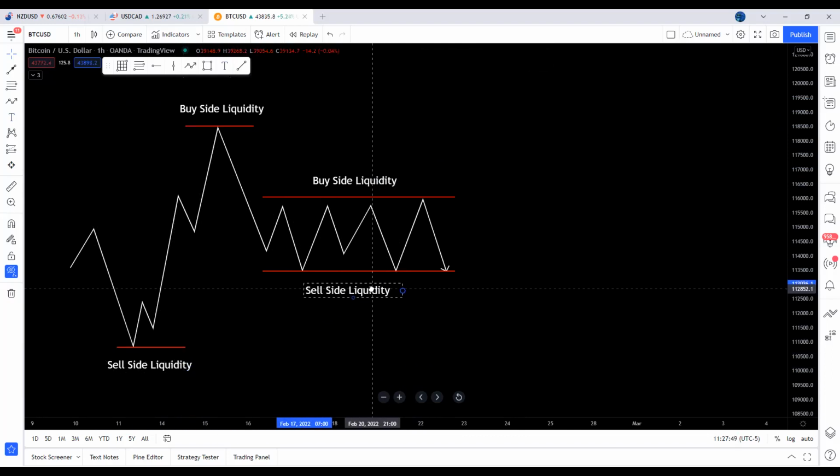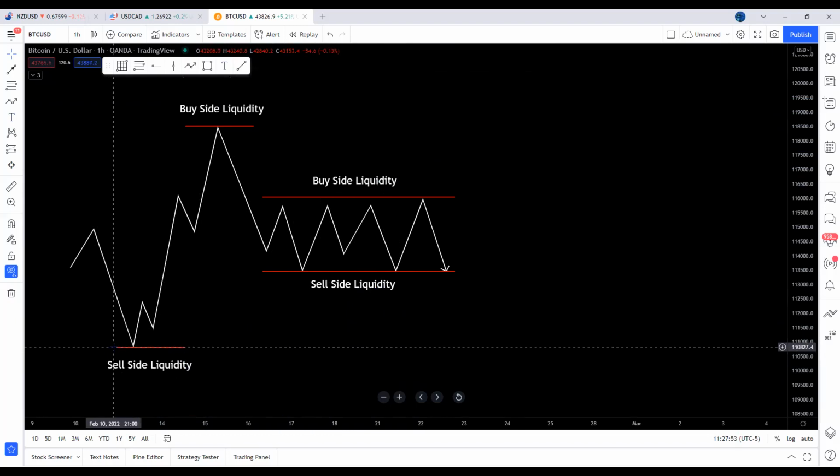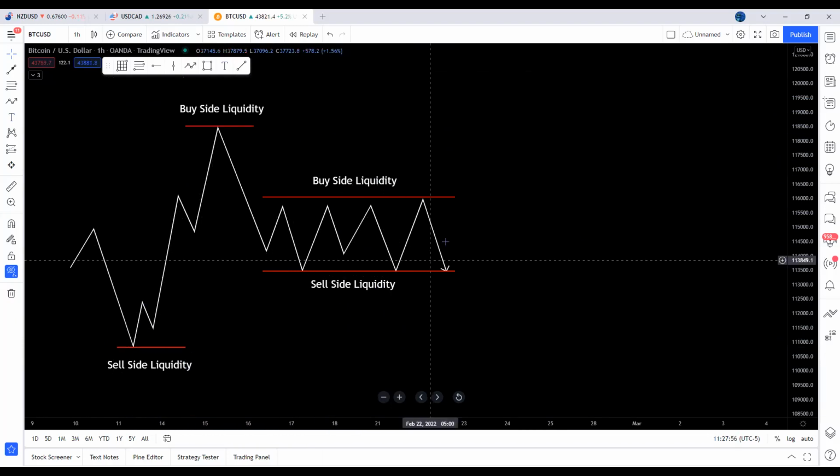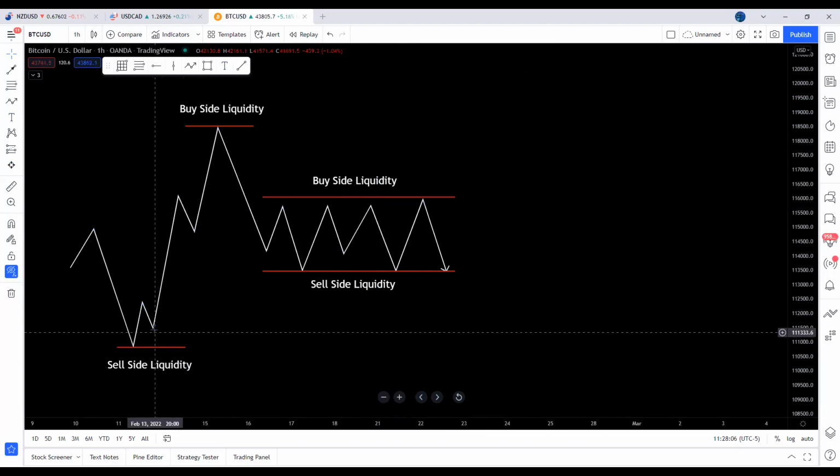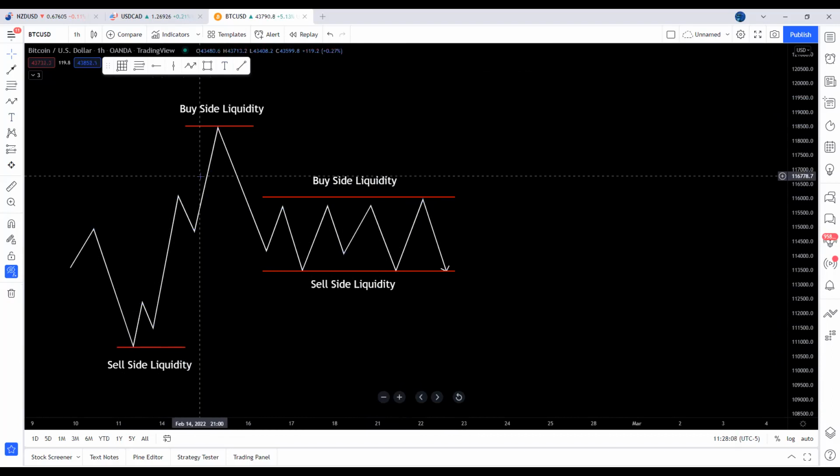When price creates a range, right? Obviously, if you were to put your premium and discount array, this would be your top, this would be your bottom, and you'd be inside. But every single time price creates a range, there's going to be buy side and sell side liquidity on both sides. Now, on every retracement, there's not buy side and sell side liquidity, right?